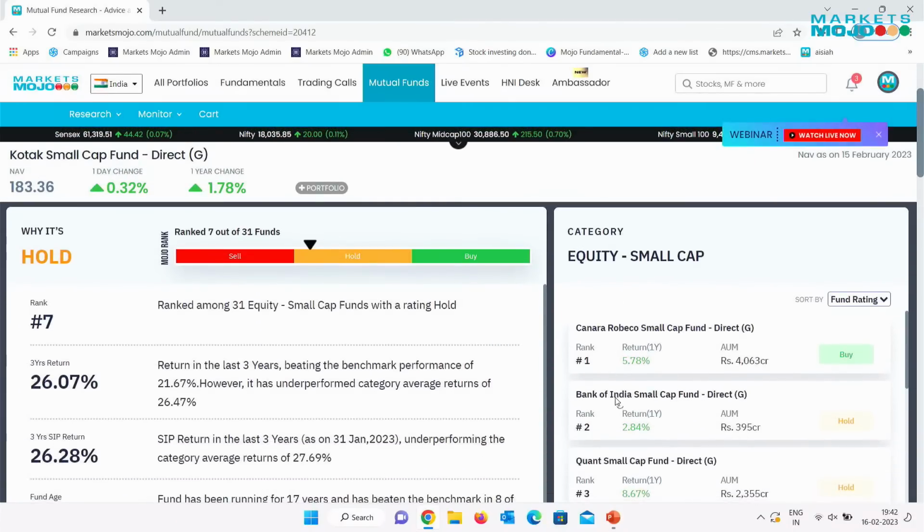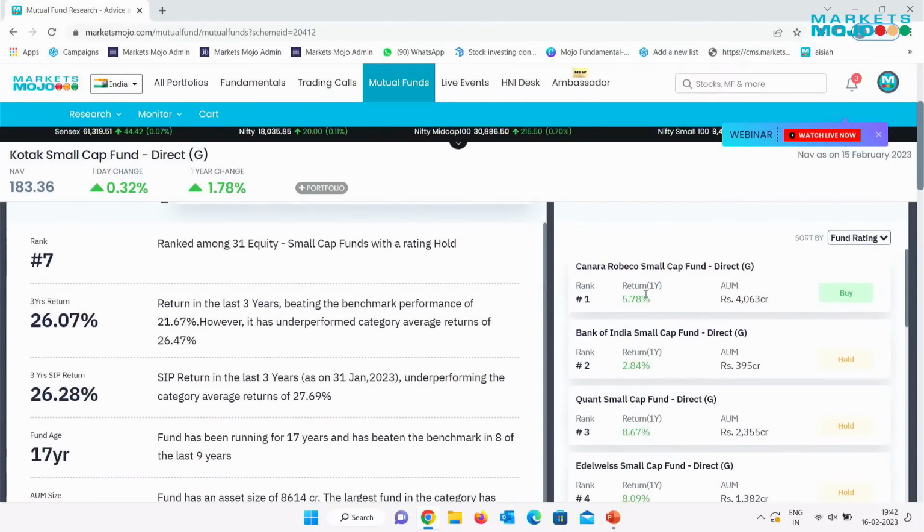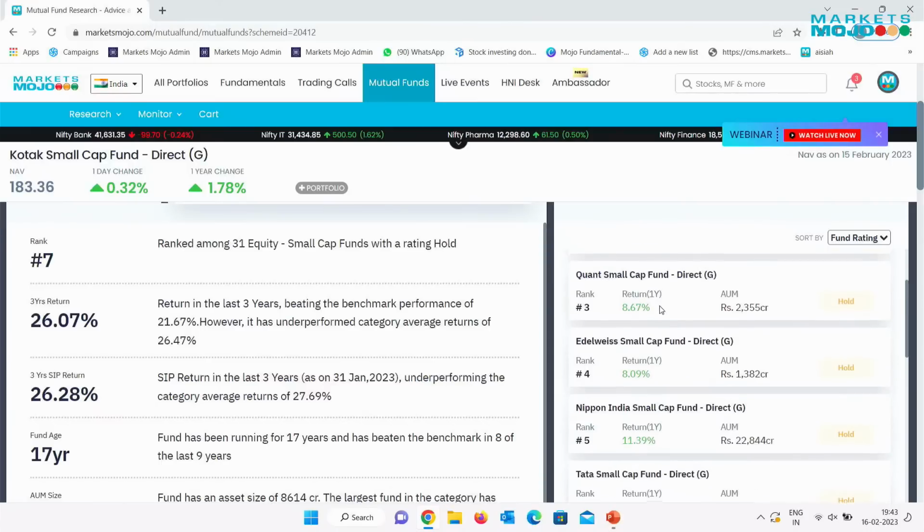Within that, it will give you the best ones. For example, if you see Canara Robeco has given 5.78% return in 1 year, but Quant small cap has given better return. So why is this first and why is this third? Remember, we don't only look at the last 1 year return, we look at many other factors. So for the best mutual fund in small cap, you can simply look at these particular ones over here.